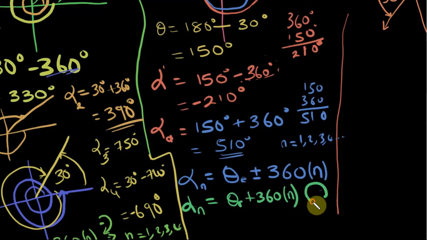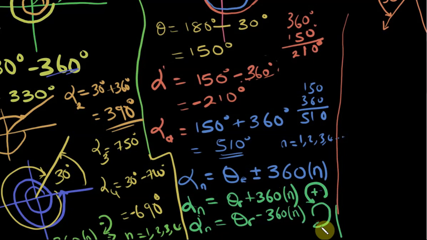That will give you an angle that goes in a counterclockwise direction and is positive. And if you want a negative angle, one would subtract 360 multiplied by n.